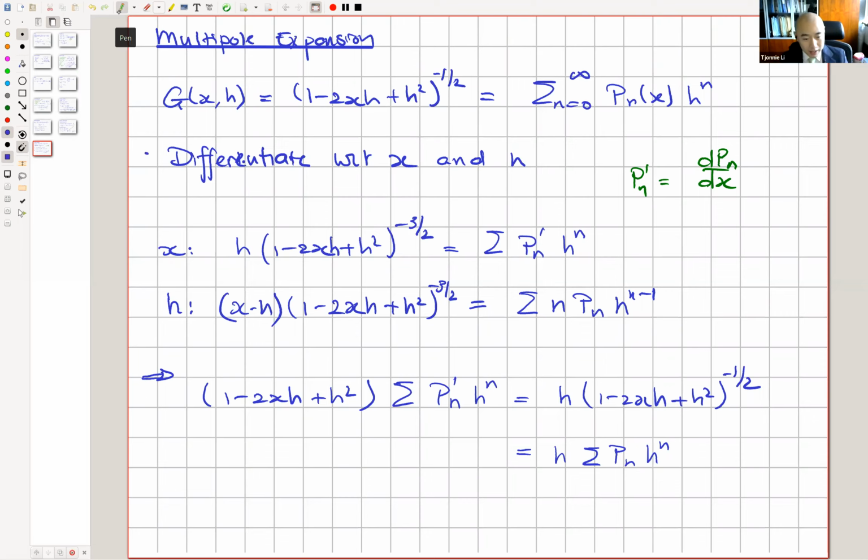Okay, so now here comes something important, because one thing that I can do here is keep track of all the powers in h. Okay, so what does that mean? In this case, if I put h inside here, I get h^(n+1).